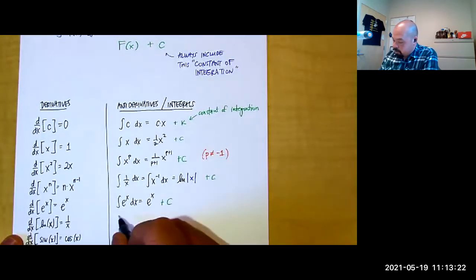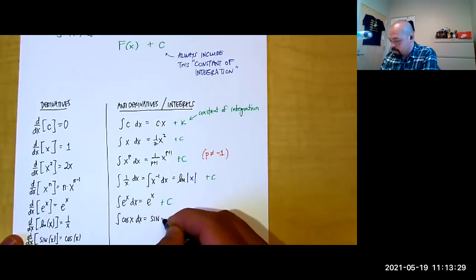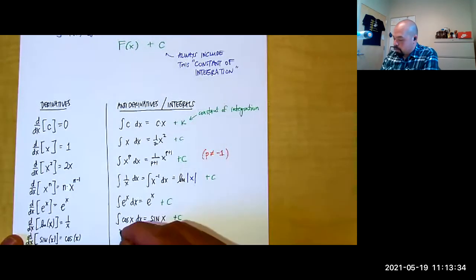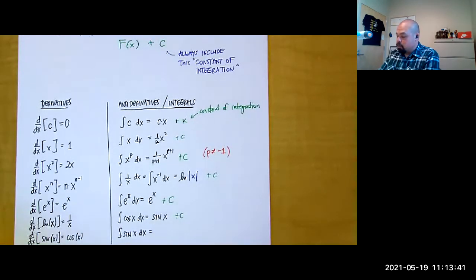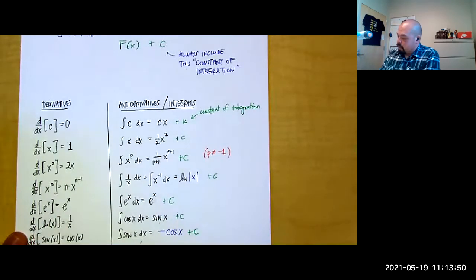And then some of our trig functions: the antiderivative of cosine x dx is sine of x, plus c over here. And then the one I want to bring in as well, the antiderivative of the sine of x. The derivative of cosine is negative sine. So remember this one, we get negative cosine x plus c, sorry. And then one more, the antiderivative of secant squared x dx, right?